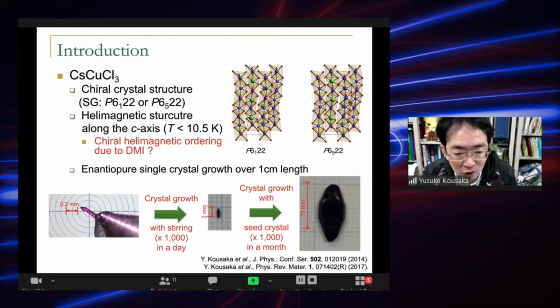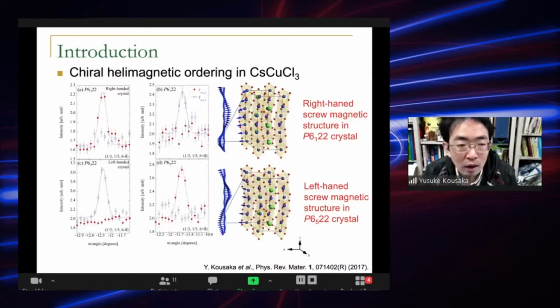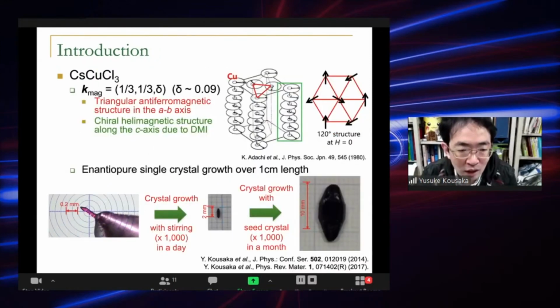But recently, we successfully grew an enantiopure chiral single crystal over 1 centimeter in length, and successfully proved the chiral helimagnet by polarized neutron diffraction. Another interesting point of this compound is the propagation vector, which is a one-third vector.